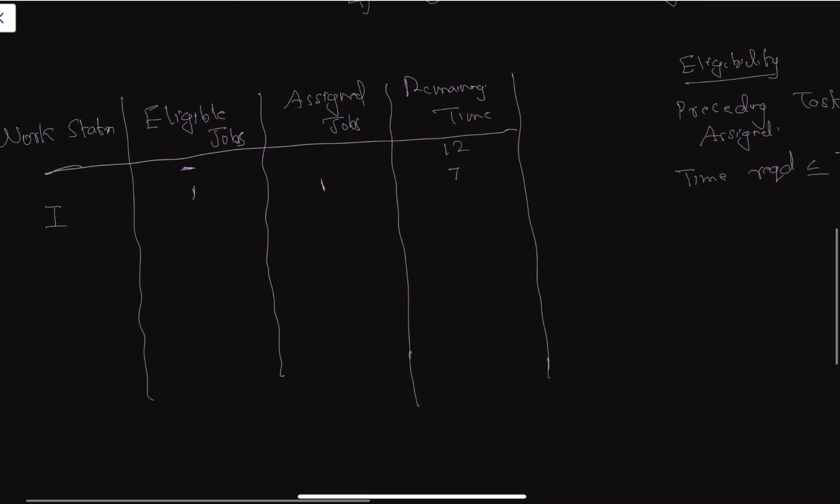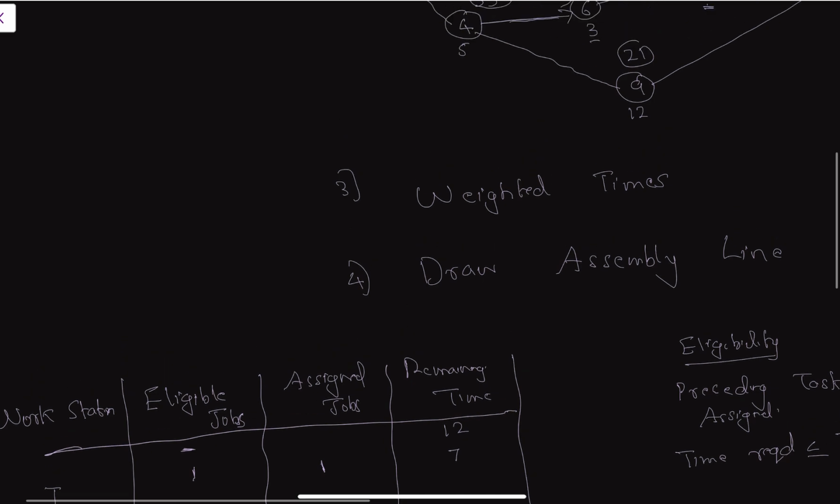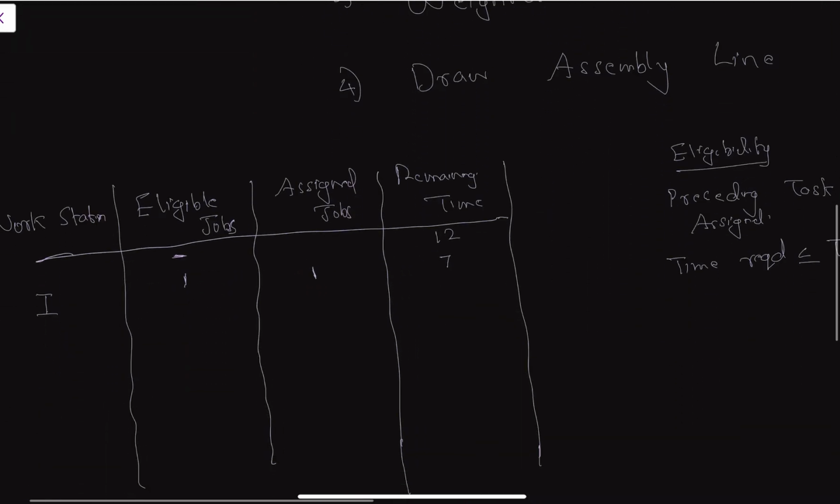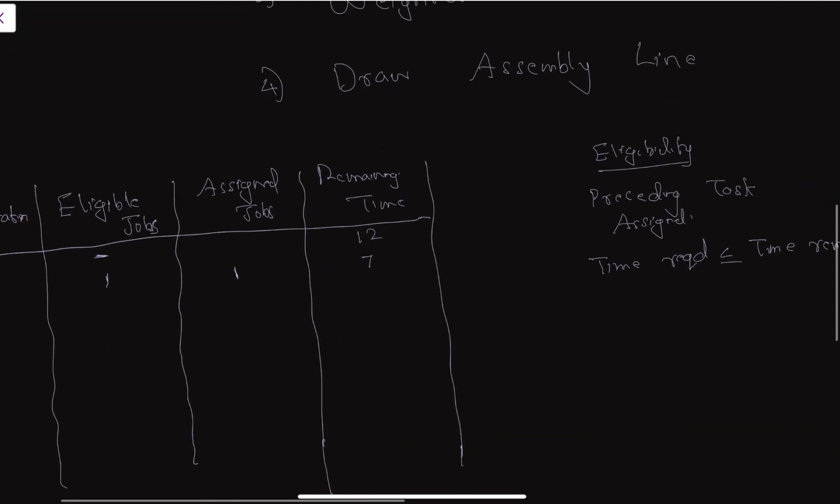So let us now find the eligible jobs. For the preceding task completed, if you select 2, the preceding task 1 is completed, so you can do 2 now. And the duration for 2 is 3 minutes, which is less than or equal to the remaining time.